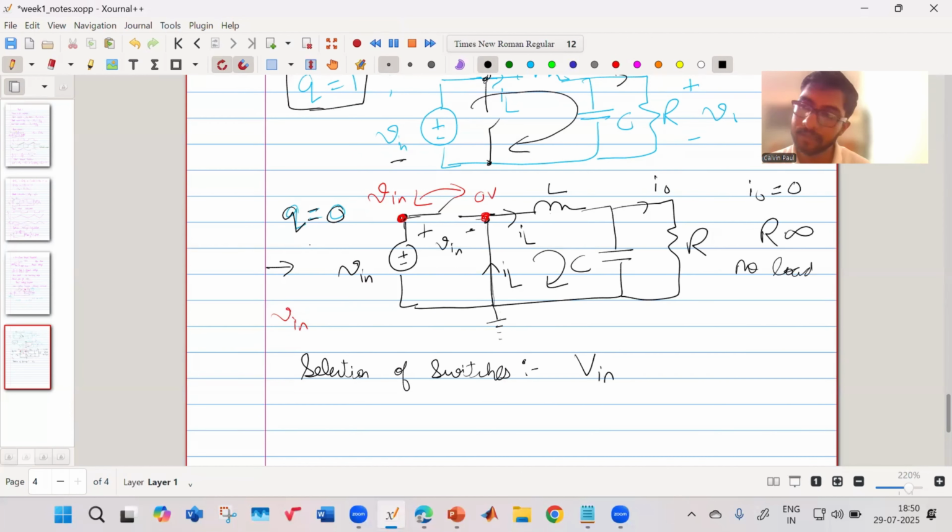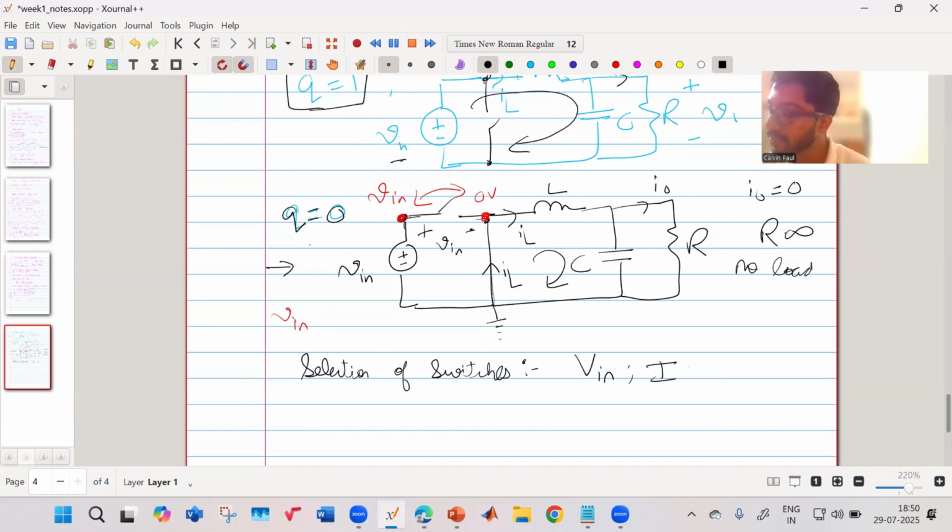Let us say if the actual input voltage is 48 volt, we will use a 100 volt switch, double the voltage, because during switching there are certain transients. That you would have learned in design: you should keep a factor of safety. Secondly, you will see the current rating of the switch, like how much current can flow through that switch.